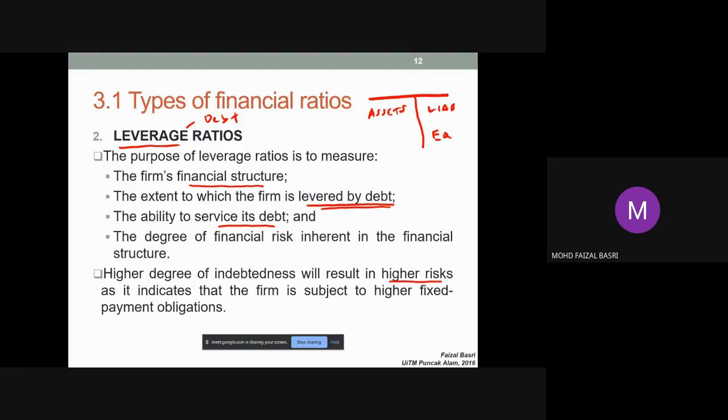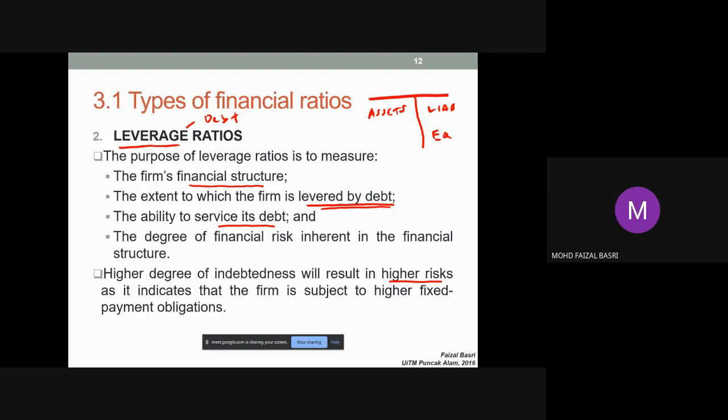For some of these ratios, because we're going to have three more ratios here, if you remember, for liquidity, the higher the ratio, the better. But for leverage ratios, 2 out of 3 indicate that the higher the ratio, the higher the risk.